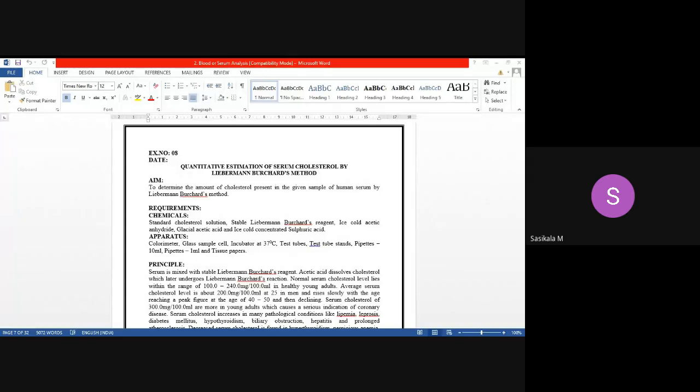So we are going to analyze either whole blood or plasma or serum. You know the difference between serum and plasma, right? What is the main difference between serum and plasma? In serum, we prepare clotted blood. The supernatant liquid of clotted blood is called serum, whereas plasma will be treated with anticoagulants.